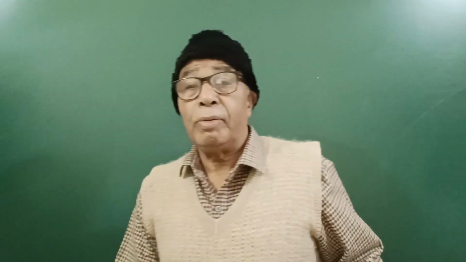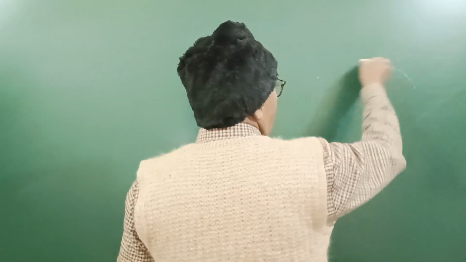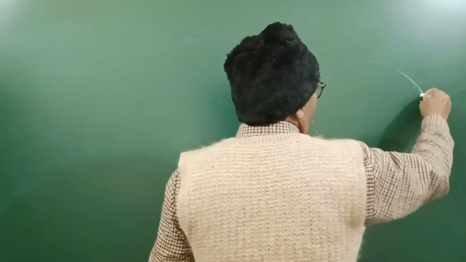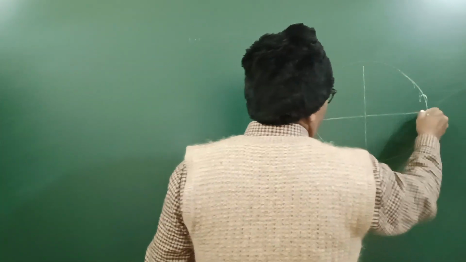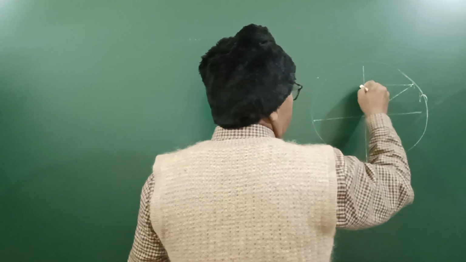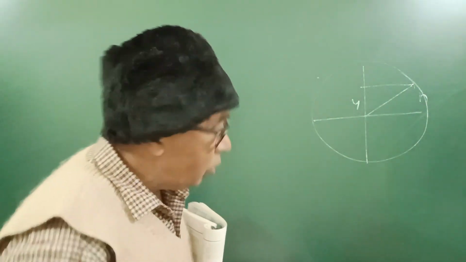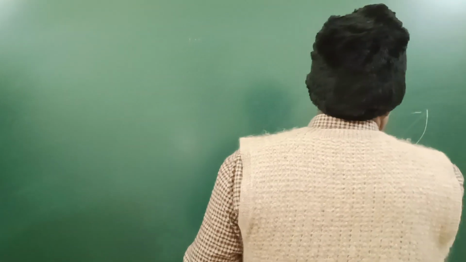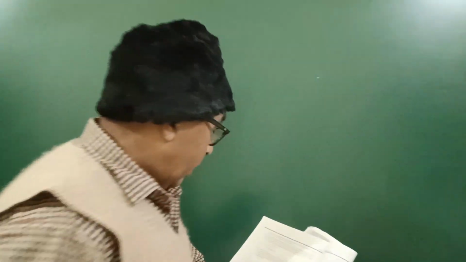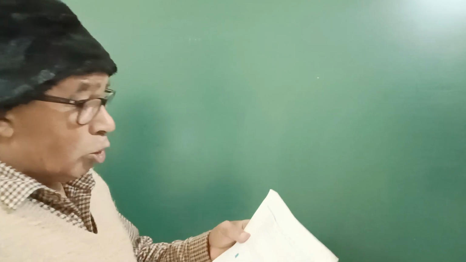I told you, okay, we have derived the equation by taking a reference circle like this. The body was moving like this, and here it is y upon a equal to sin theta, or the initial phase. So we are repeating the same with you. This is question number 14.12.